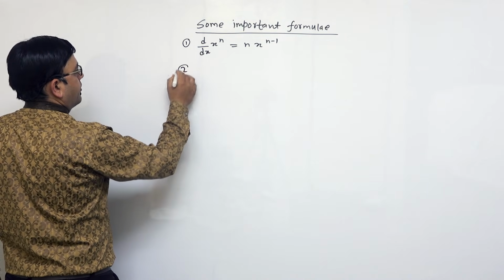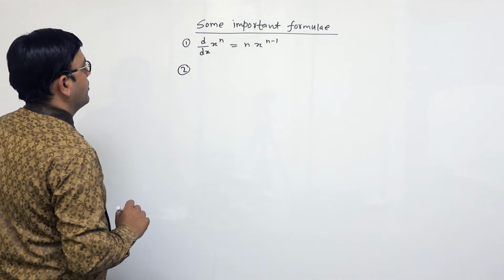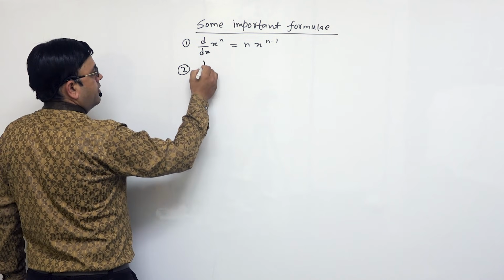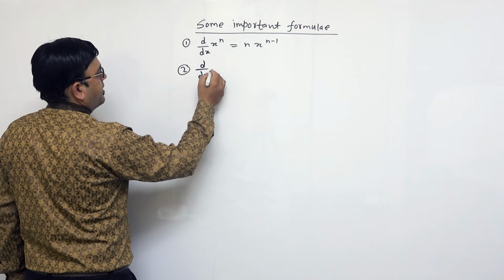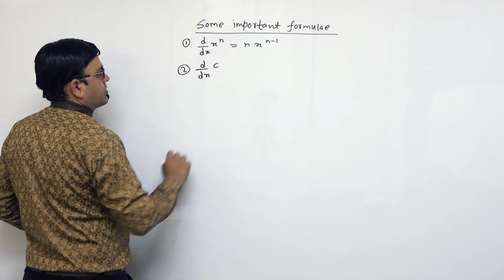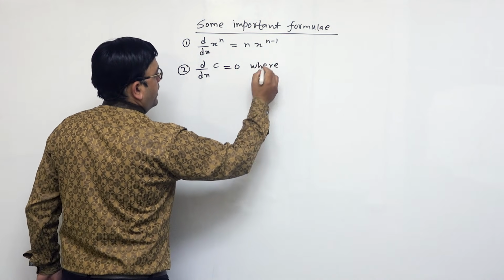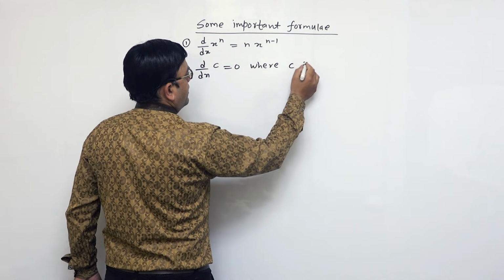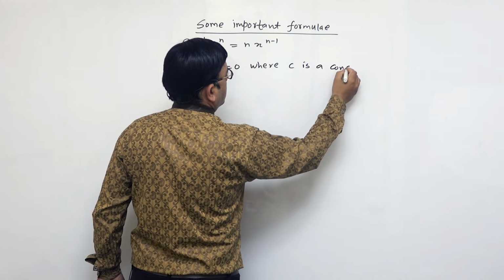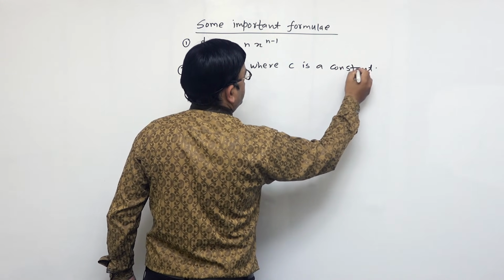Second formula is d by dx of c, c means any constant, is equal to 0. We can write where c is a constant.